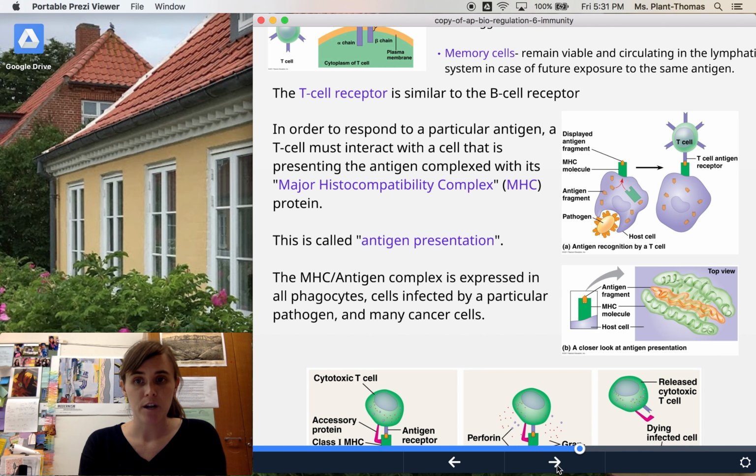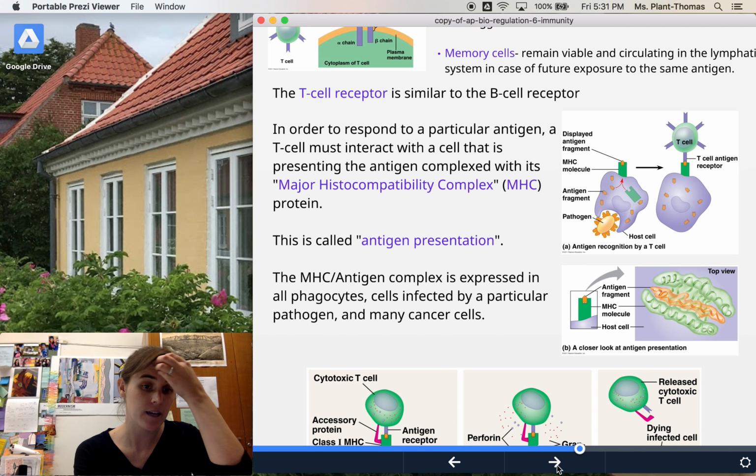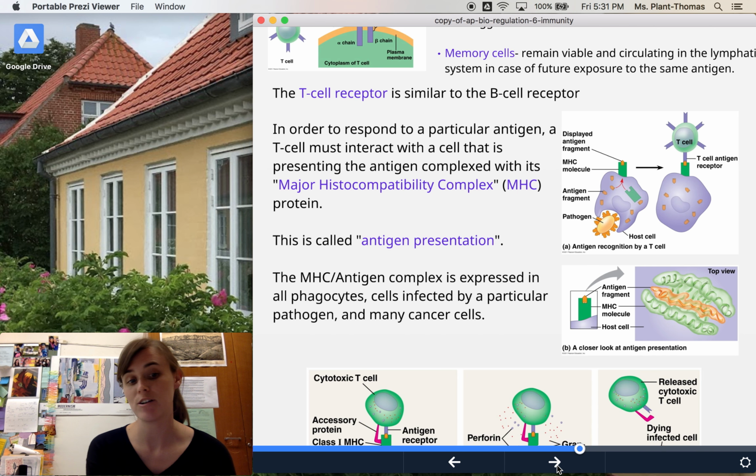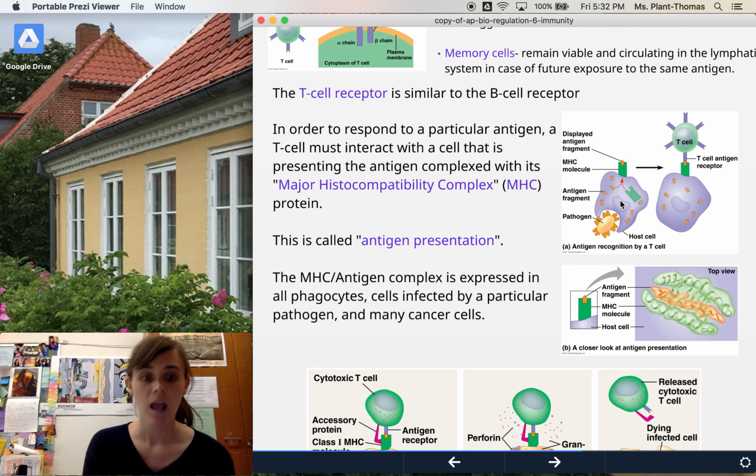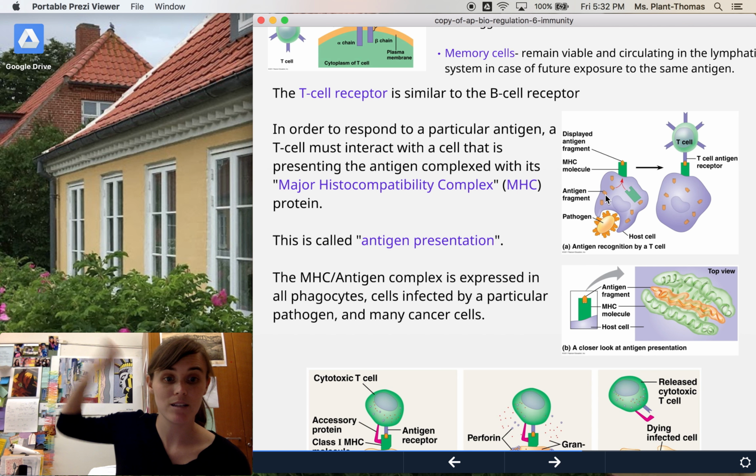The receptor that the T cells are using is similar to the B cell receptor in that it's looking for a specific antigen, right? So again, this is the specific immune response, which means it's for one specific antigen, not just anyone. The way that works, it's interacting with a cell, for example, a phagocyte that has ingested the pathogen. If we look here, it now breaks it down, and it's got these little antigens, those little name tags, and it goes, hey, here's the name tag.